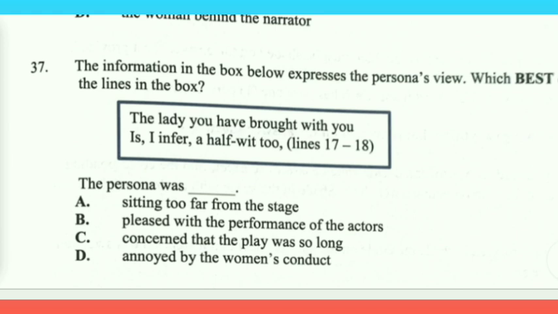Was it that the persona was sitting too far from the stage? Was it that the persona was pleased with the performance of the actors? C says the persona, who is a poet, was concerned about the play being too long. And D says the persona, who is a poet, was annoyed by the woman's conduct. And it has to be D. This woman annoyed her life out.